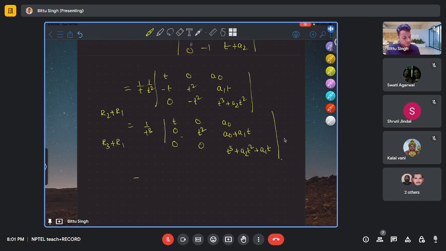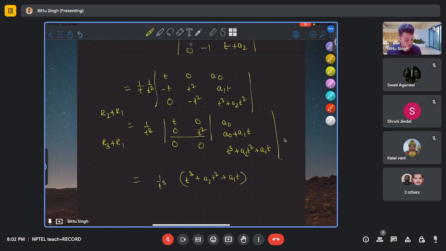Now you can see that if you expand the determinant with respect to the last row, then this is same as 1 by t cube times the last thing, t cube plus a2t square plus a1t, with this thing.